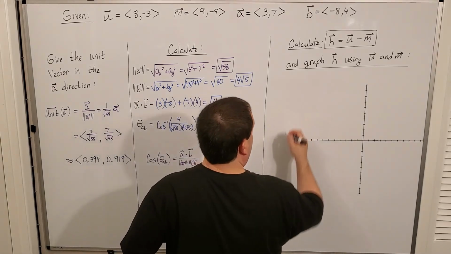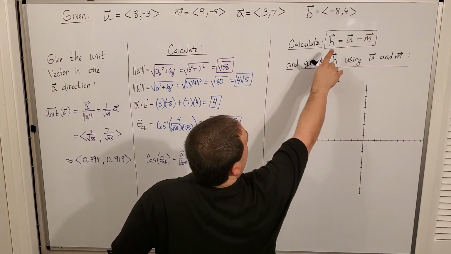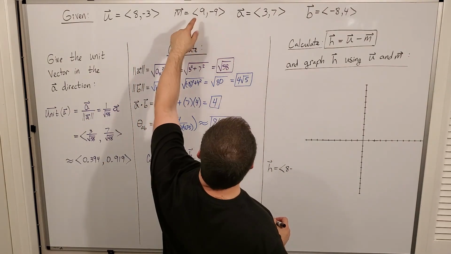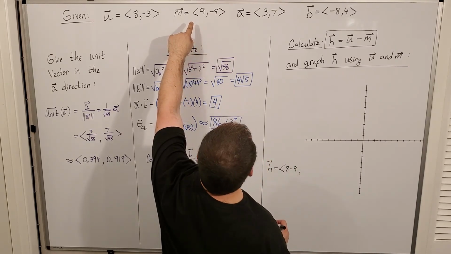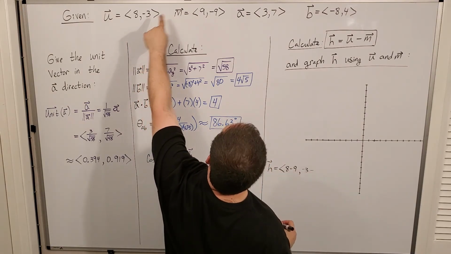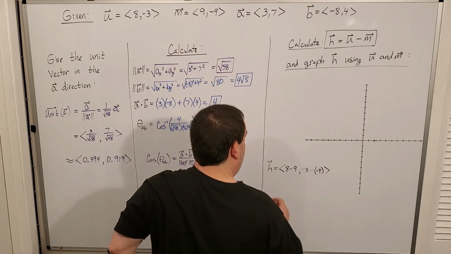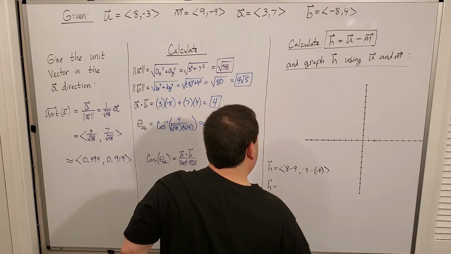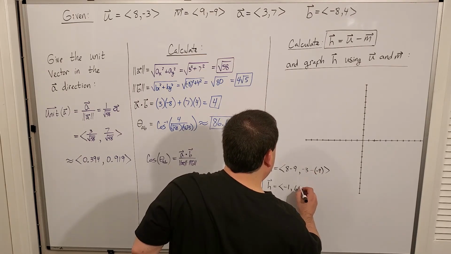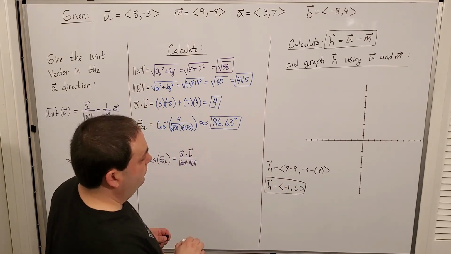The h vector is the vector where I do the ux component, 8, minus the mx component, 9, comma, the uy component, negative 3, minus the my component, negative 9. So the h vector ends up being the vector negative 1, 6. That's the first part, computing the h vector.